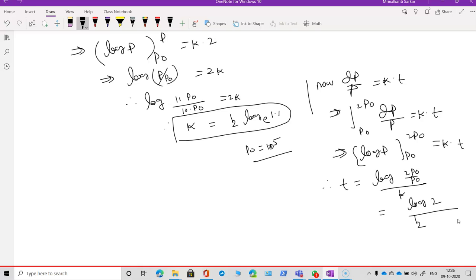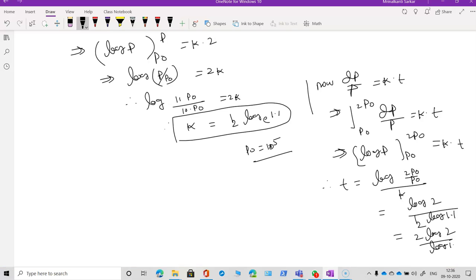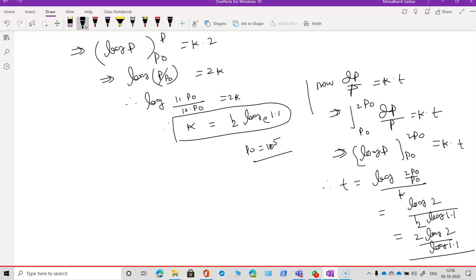So log 2 by half. So required time will be 2 log 2 by log 1.1. Keep your answer this way, because log 2 and log 1.1, if given, then only you can find the value.